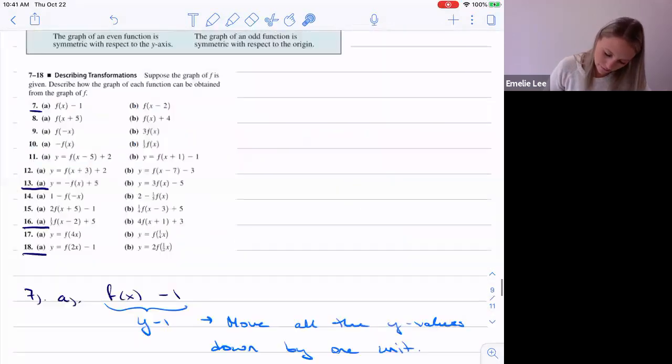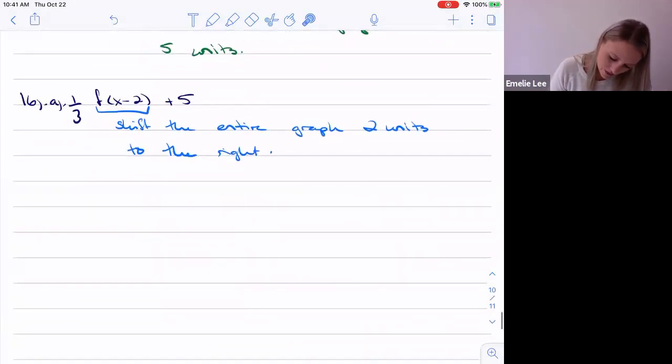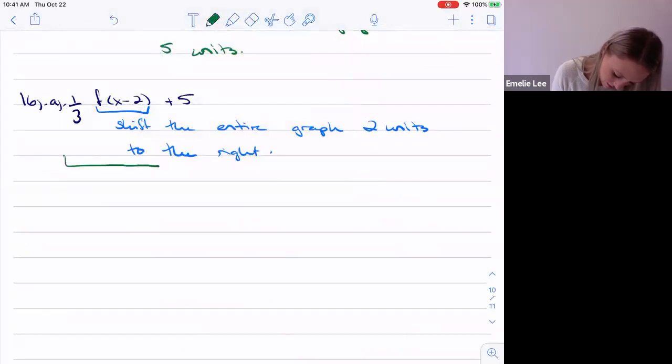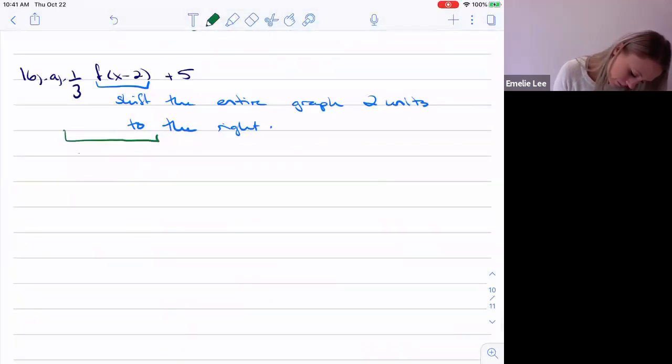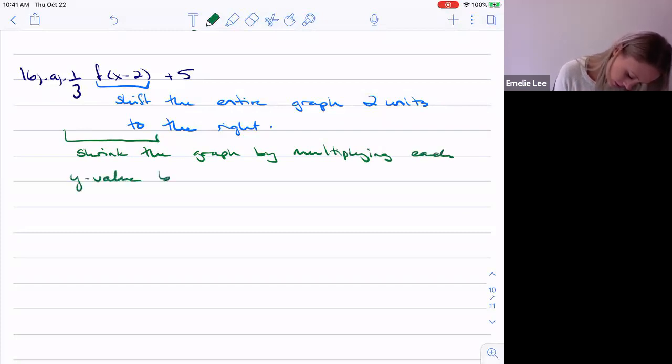And so now what we're going to do right here, shrink the graph by multiplying each y value by 1 over 3.